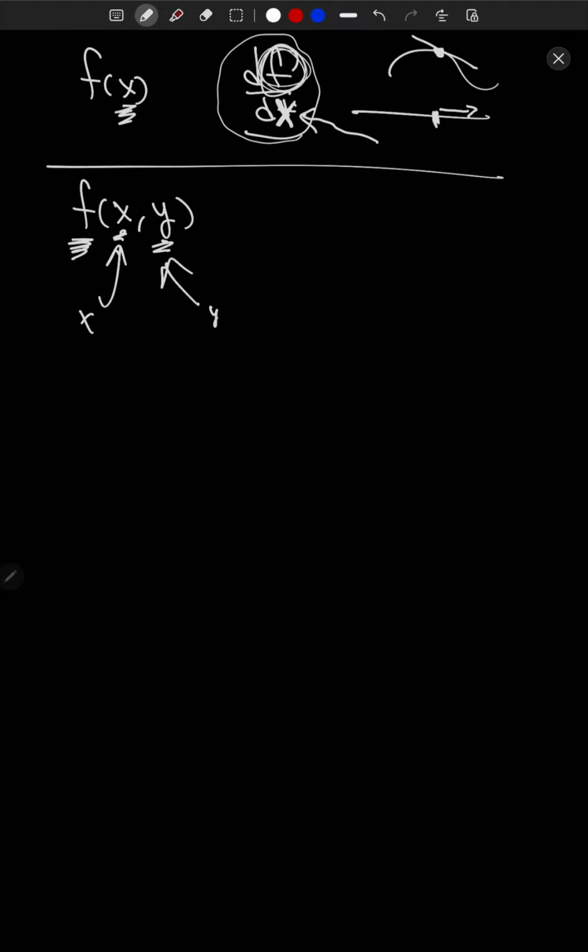So now we have 2 possible inputs, and at least in our first attempt at thinking about derivatives, there are 2 derivatives to think about. One is in the x direction, and the other is in the y direction.